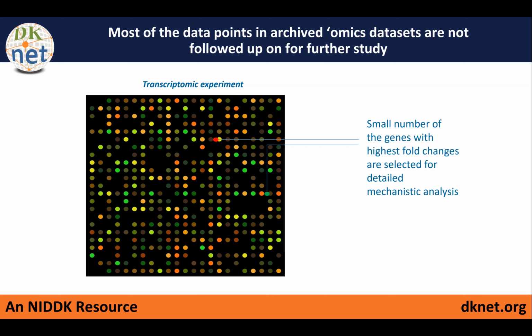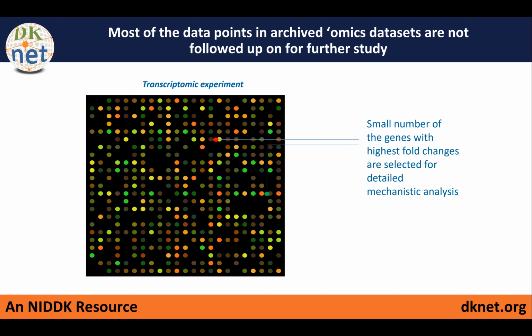So there's all this other information in their array experiment or their ChIP-seq experiment that will not make its way into the research article. Even though that information wasn't of immediate interest to that specific lab, it might be of highly significant interest for other researchers.